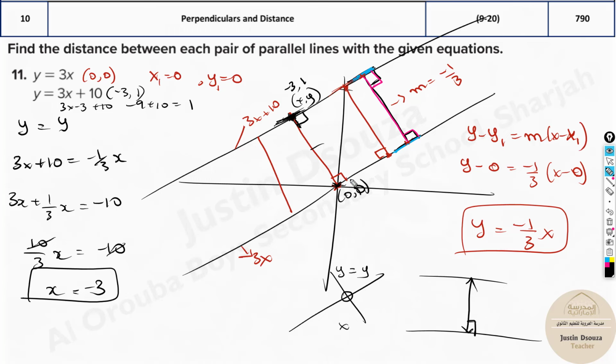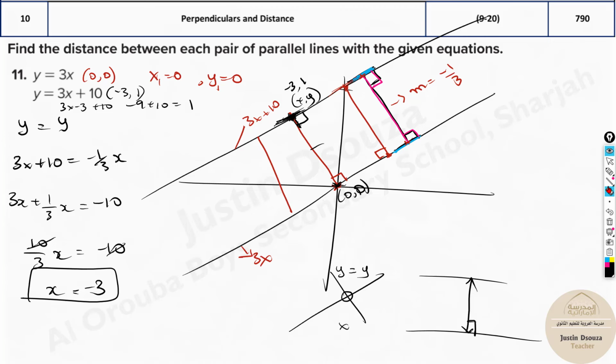Now you have the coordinate points, right? Let us use the distance formula and solve it. Just take this off. And over here, we will now use the distance formula. I hope you remember that. It is square root of x2 minus x1 the whole square plus y2 minus y1 the whole square. You can assume any one as x1, y1. I'll take this as x1, y1 and this as x2, y2.